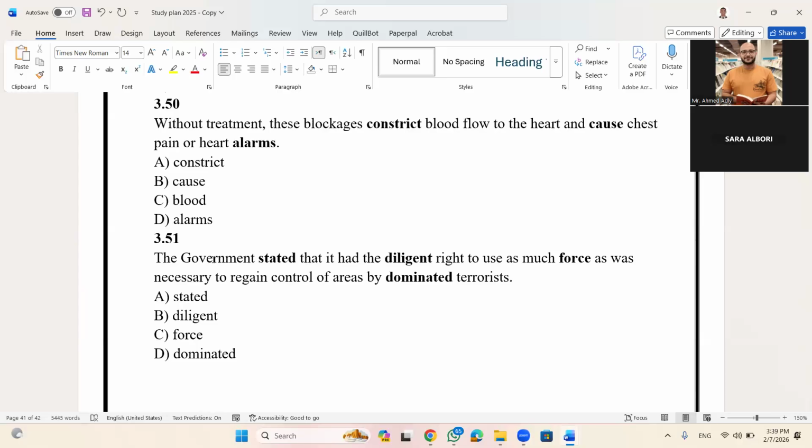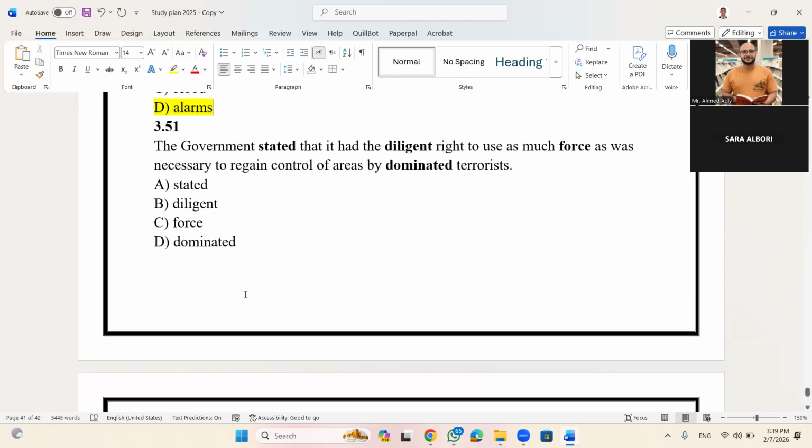Yes, people with blockages feel pain in their chests and heart alarms. Do people with blockages have heart alarms? No. We say heart attacks.